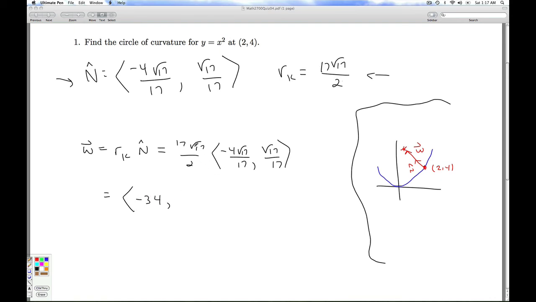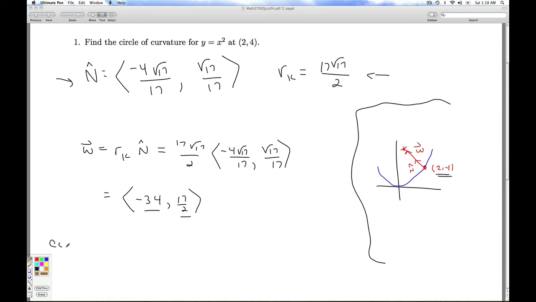And then over here I get the same thing happening. 17s cancel, 17 in the numerator over 2. So that's the vector negative 34, 17/2, which means that we need to start at the point 2 comma 4, move over to the left 34 units, and then up 17/2.